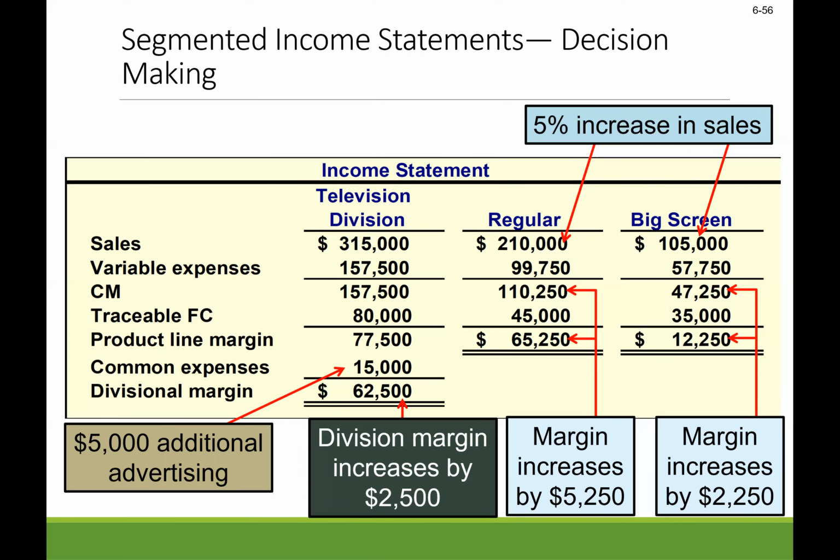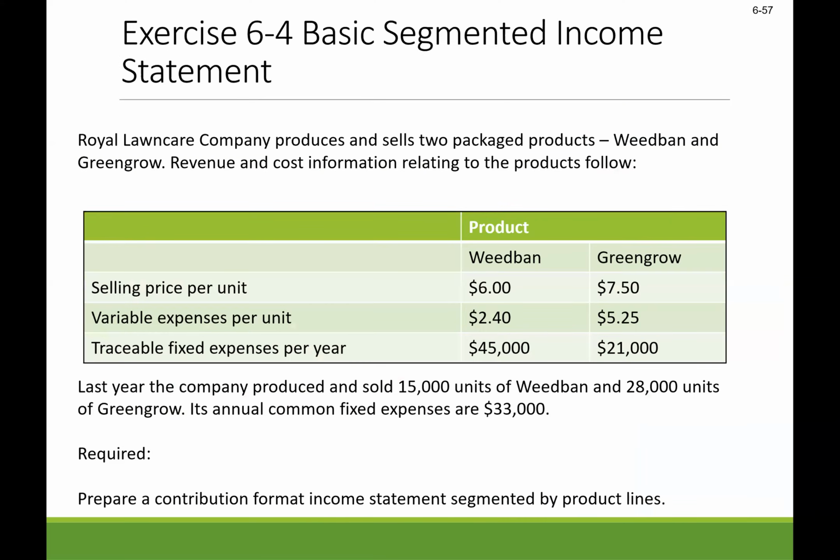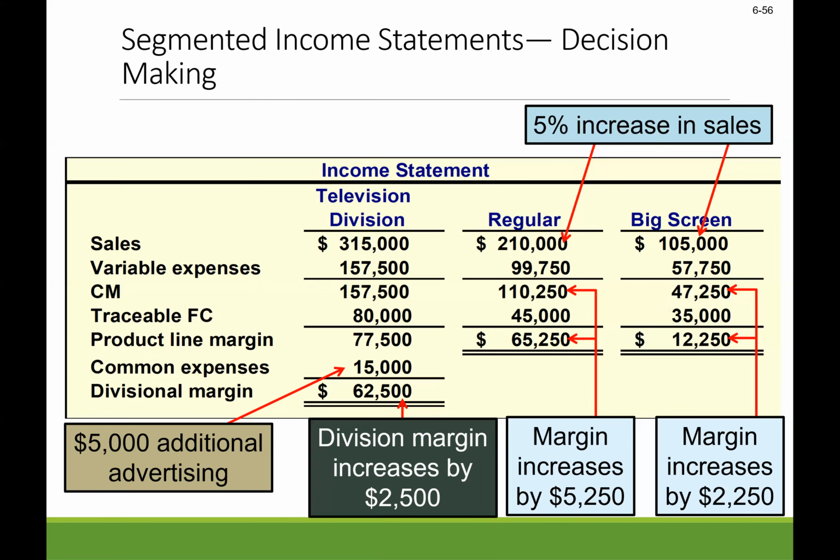And as a result, you see the difference in the margin per product line. Now, our common expense is going to increase, and the division margin increases by $2,500. And then you see the breakdown by each screen.